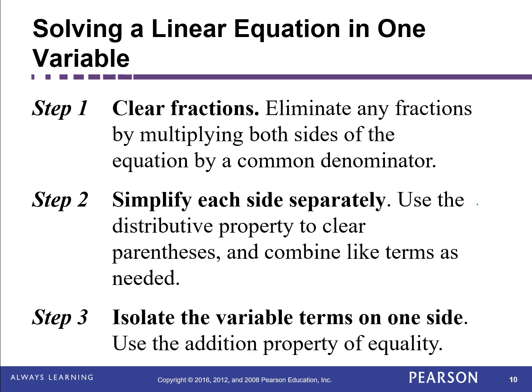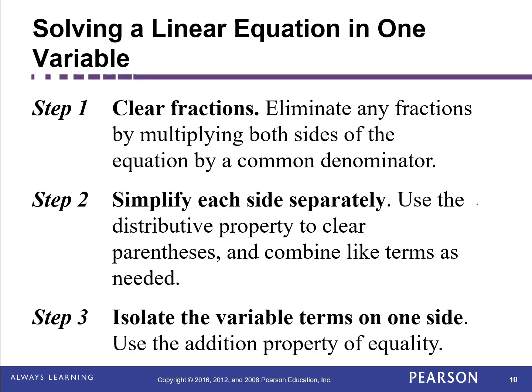Step 1 to solving a linear equation in one variable: the first thing we need to do is clear fractions. We want to eliminate any fractions by multiplying both sides of the equation by a common denominator. Step 2, we want to simplify each side separately. Use the distributive property to clear parentheses and combine like terms as needed.